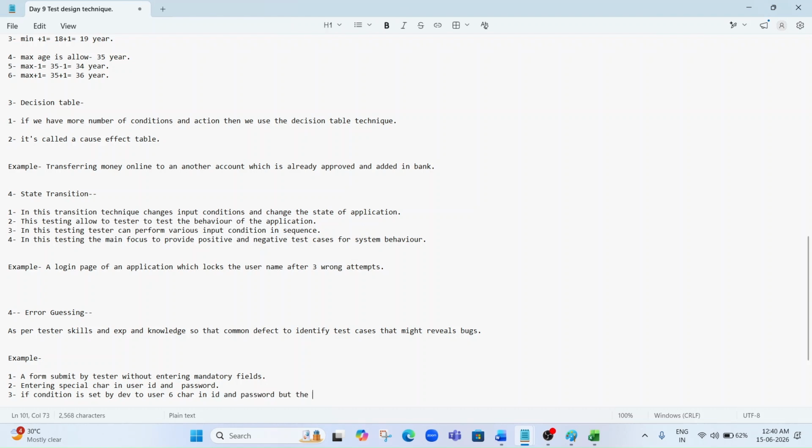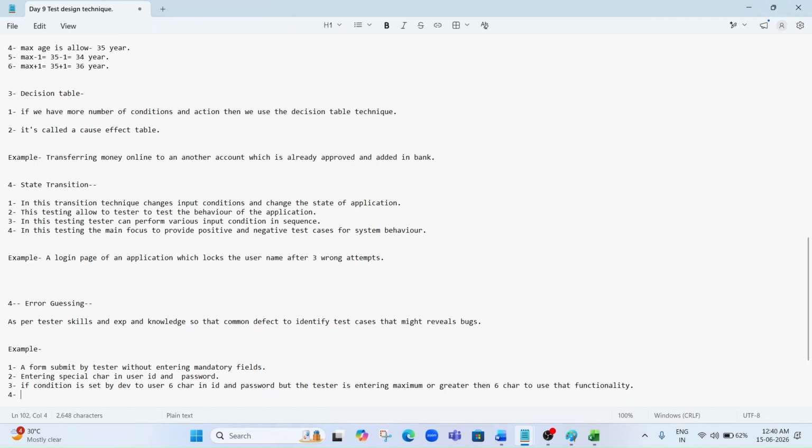But the tester enters the maximum, or more than six characters, to test that functionality. Okay.